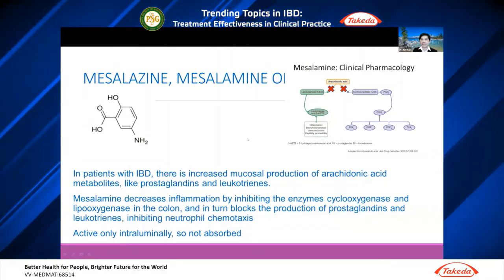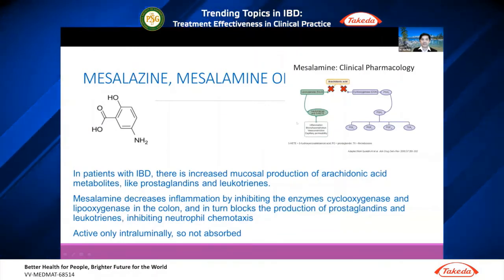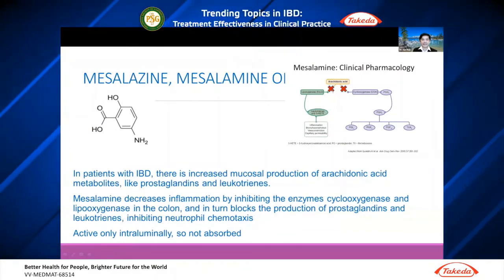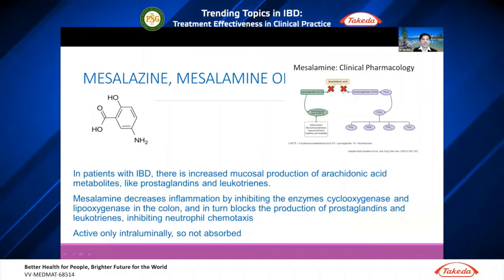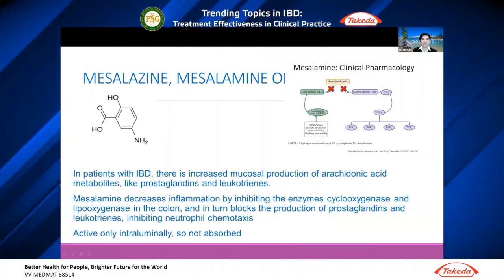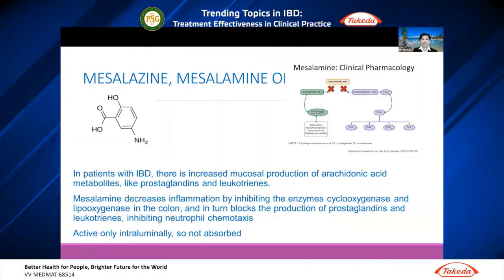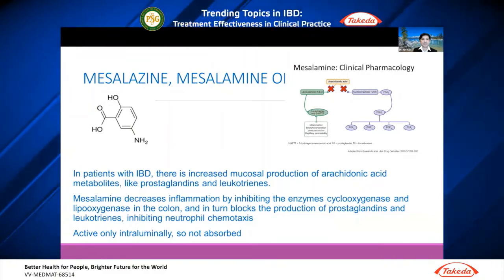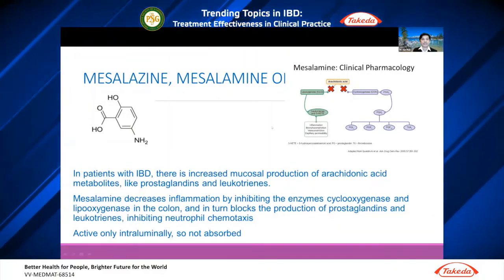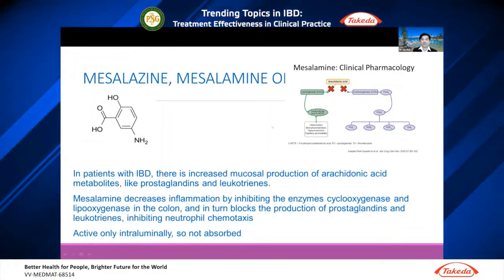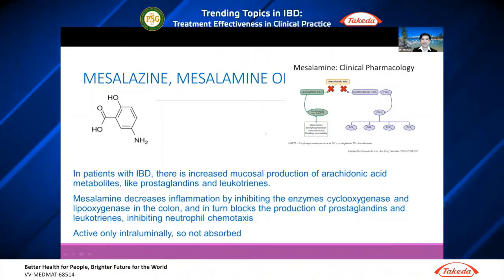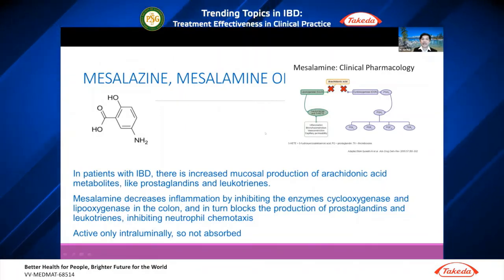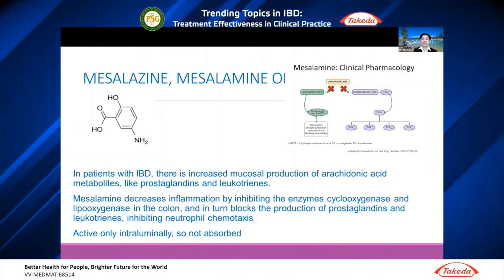Mesalamine as a medication decreases inflammation by inhibiting the enzymes cyclooxygenase and lipoxygenase in the colon, and this in turn blocks the production of prostaglandins and leukotrienes, inhibiting neutrophil chemotaxis. Mesalazine is only active intraluminally, so it is not absorbed.